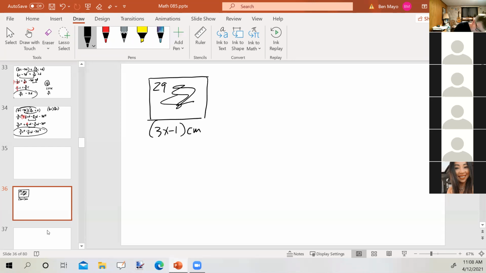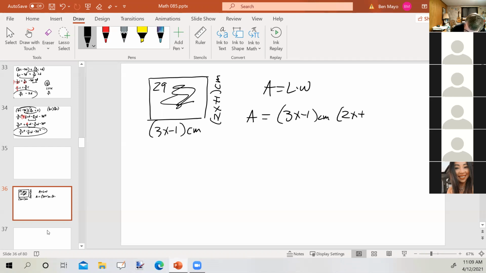Its height is 2x plus 1 centimeters. All right. And we want to find the polynomial that represents the area of the stamp. So the area is length times width. So the area would be 3x minus 1 centimeters times 2x plus 1 centimeters.